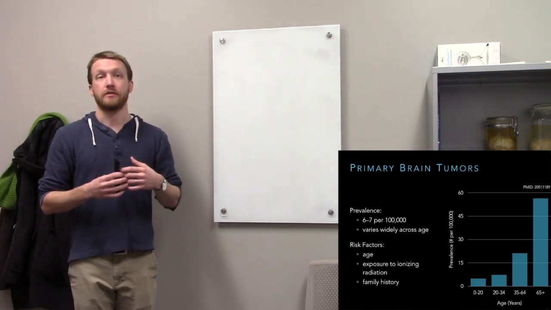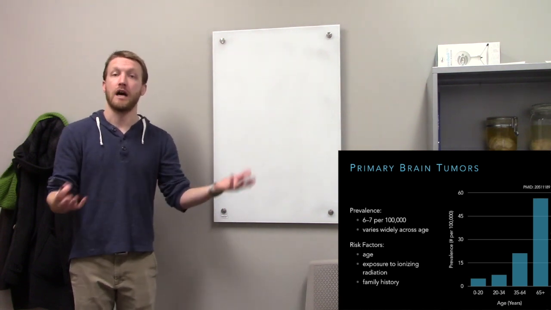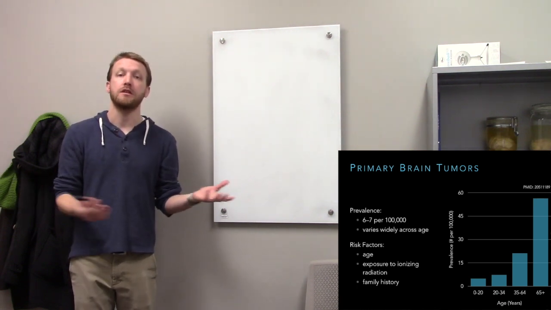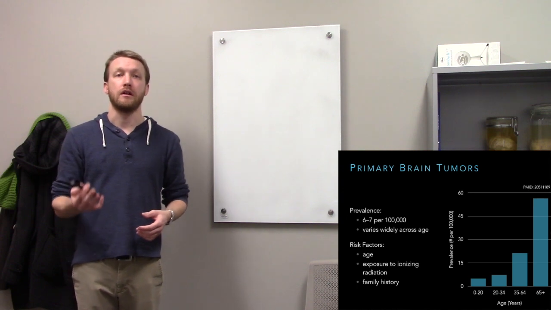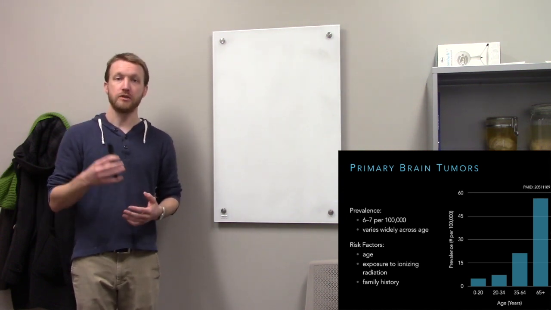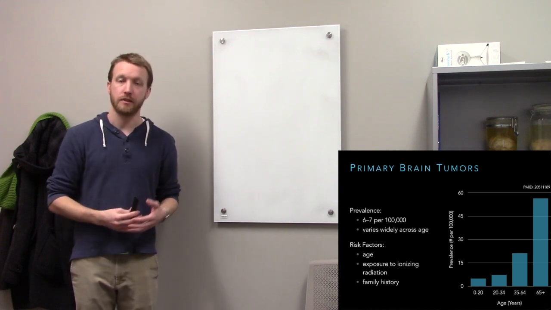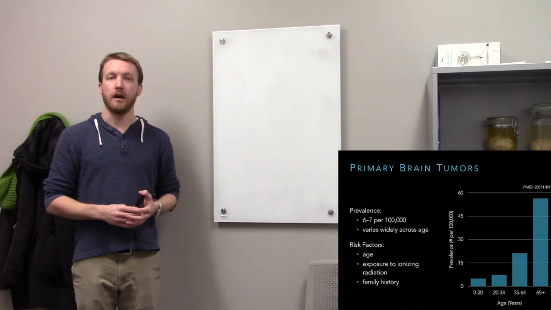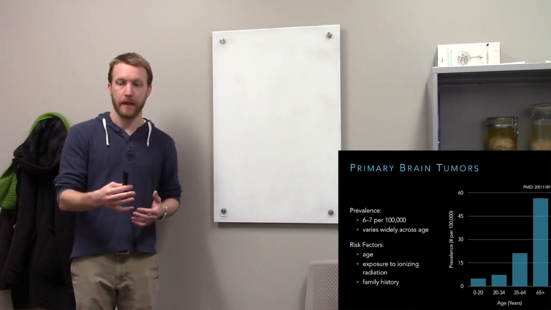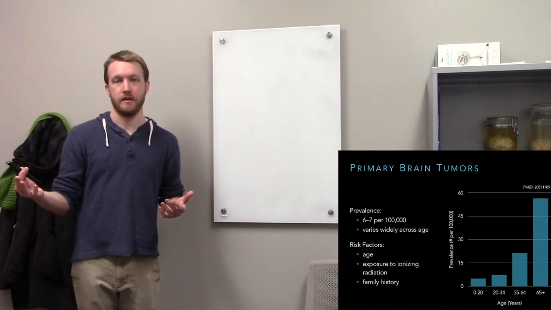Because the biggest risk factor for cancer would be age. The older you get, the more time you've had to accumulate mutations, the more likely you are to have improper cell cycle progression. Of course, if you've been exposed to ionizing radiation, something like a bunch of X-rays, this can damage DNA. And of course, DNA damage and mutations is what causes cancer.